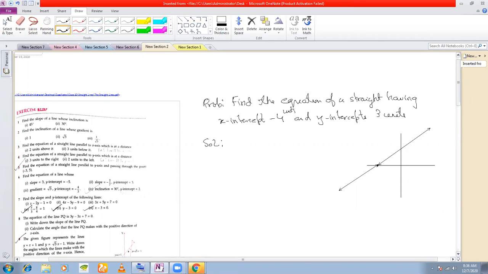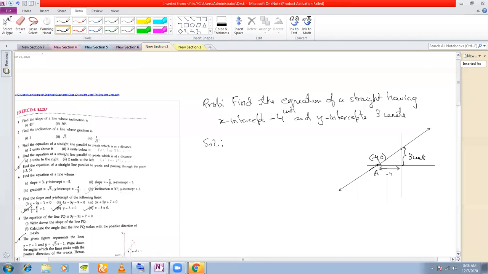So what is the point here? This distance is your x-intercept. What is the x-intercept given? -4. So that means this straight line must pass through -4, 0. If I call this point A, its coordinate is -4, 0. And the y-intercept is +3 units.